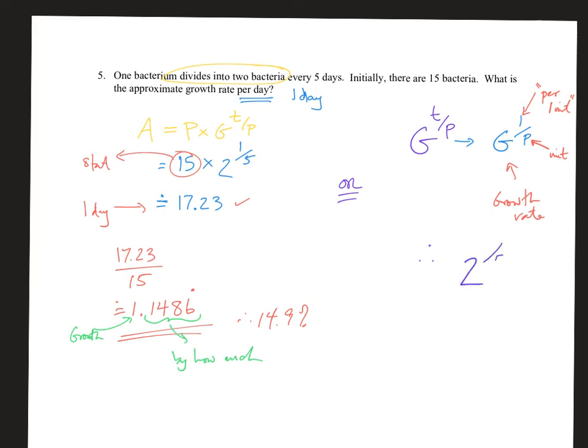It takes 5 days to do it. What is that growth in 1 day? And so if I was to simply calculate 2 to the exponent of 1/5, that's all I'm looking for, 2 to that exponent.